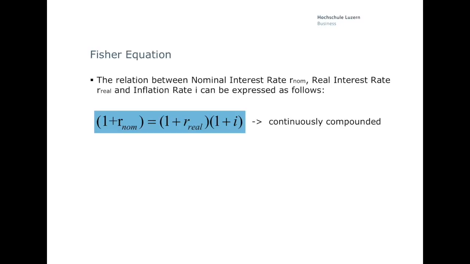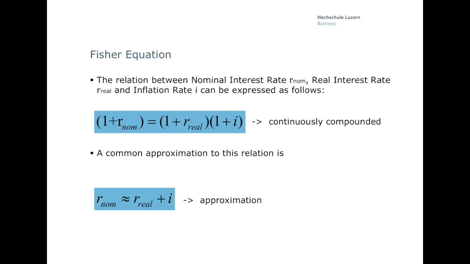This one describes the relation between nominal interest rates, real interest rates, and inflation rate. The exact Fisher equation shows the calculation of nominal interest rate by compounding the real interest rate and inflation rate. As an approximation, the second formula can be used by simply adding the real interest rate and inflation.